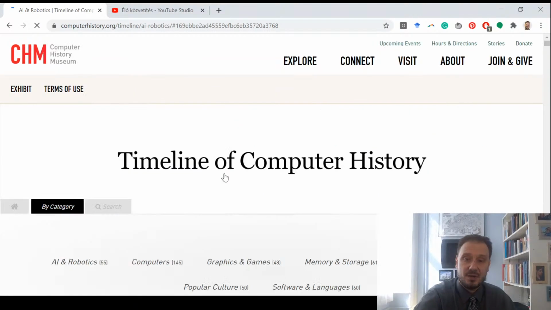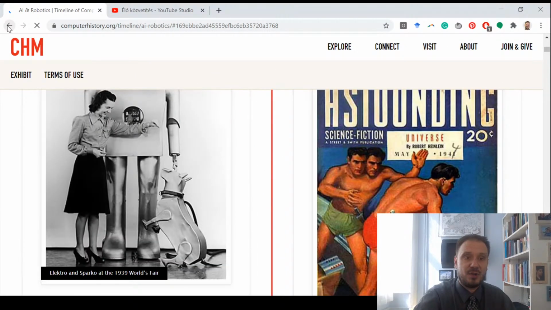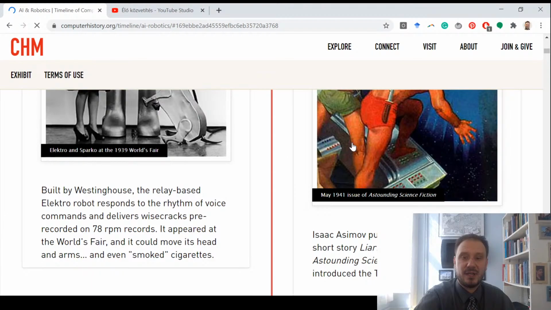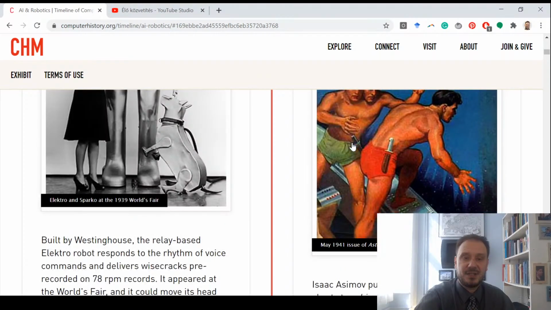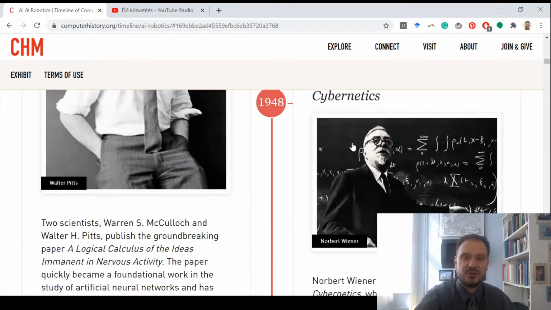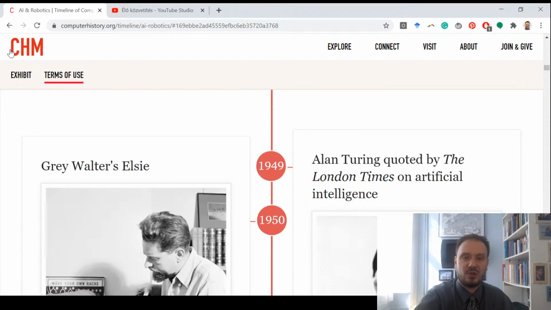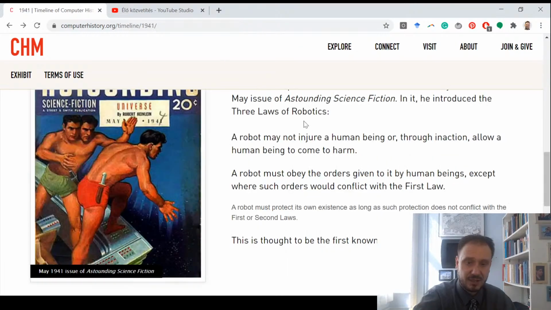So this was the first time he coined the term robotics. I just switched to a mode where we will be able to speak more about robotics. As you can see, there are several timelines in here, but let's just switch back.